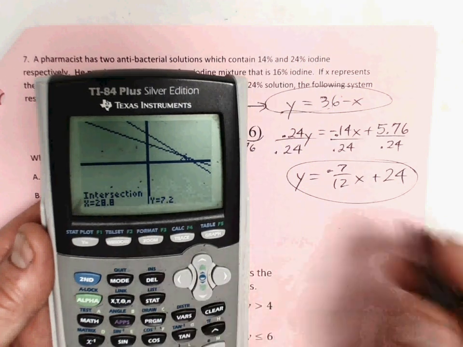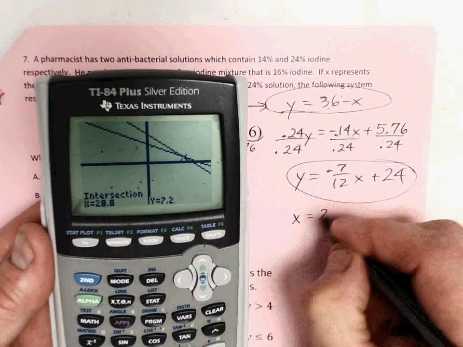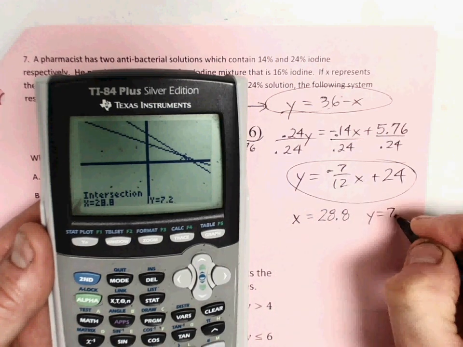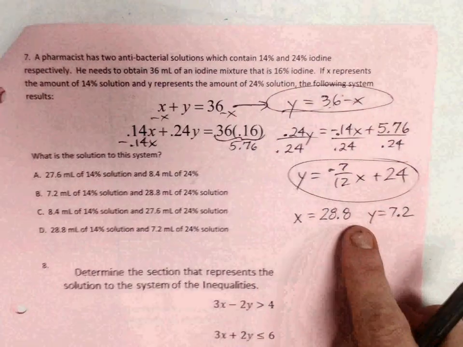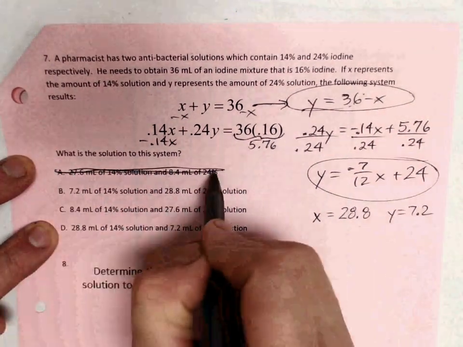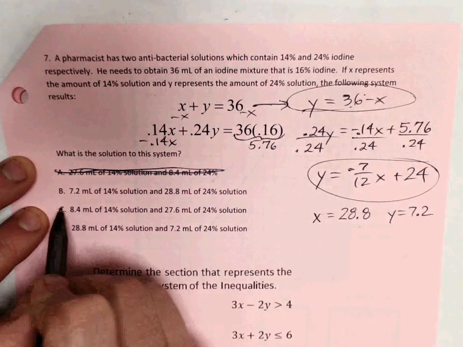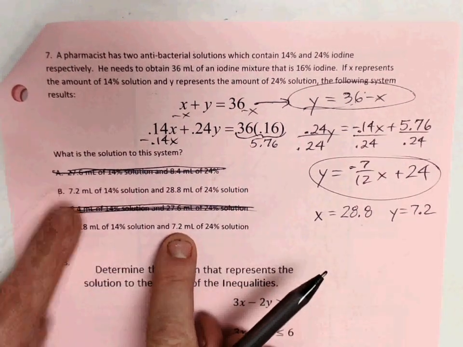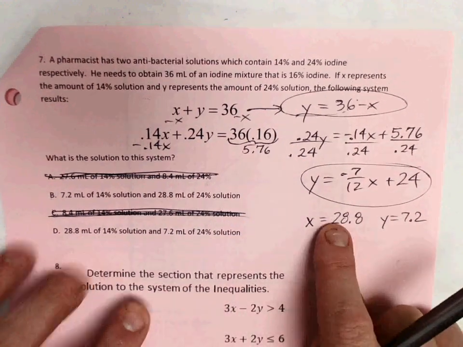Alright, so this is important. X is 28.8 and y is 7.2. And now we have those answers not here and not here. See, we have them in both of these. Now we got to be careful here. Okay, let's go up here and look.